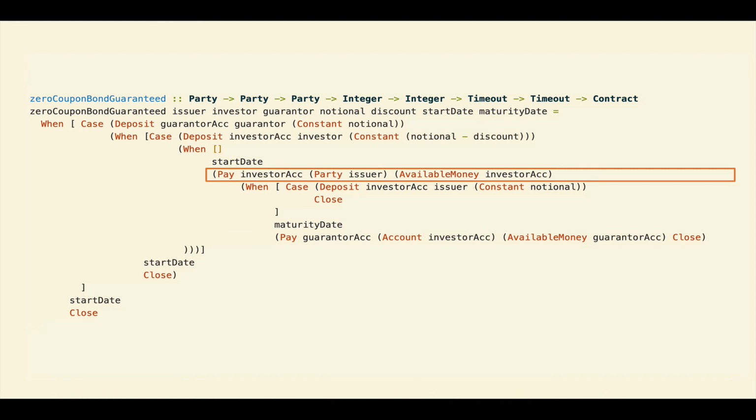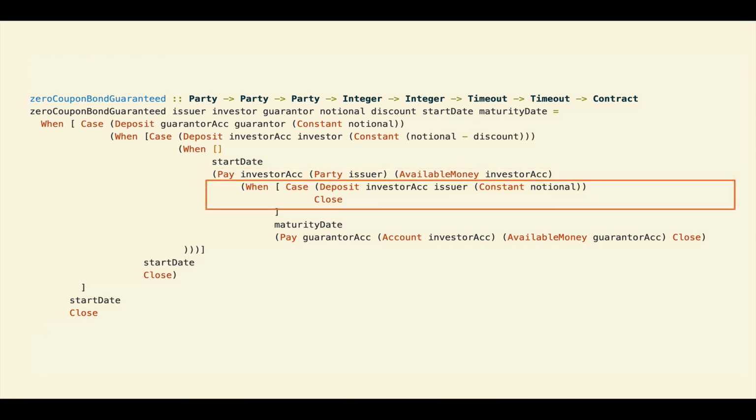So at that point, at the start date, the issuer gets their money. And then we wait. We wait for the issuer to deposit the notional amount, the full amount, into the investor account. And then when that has happened, we close.